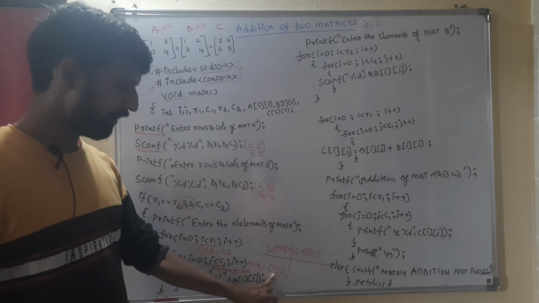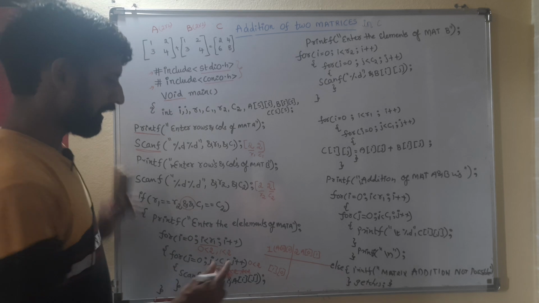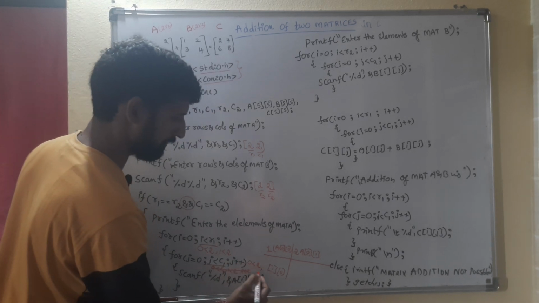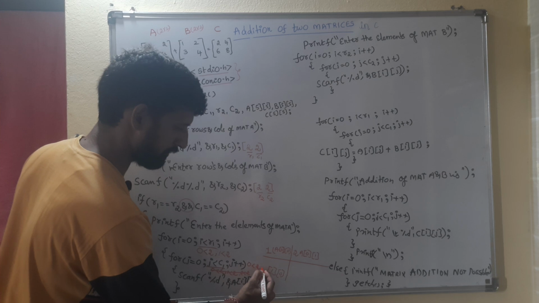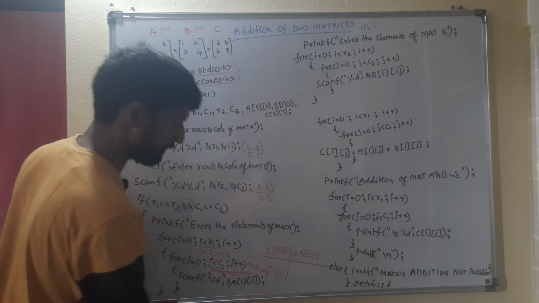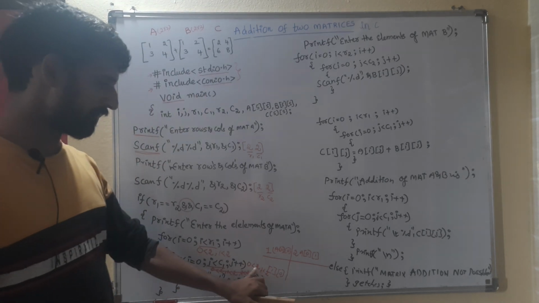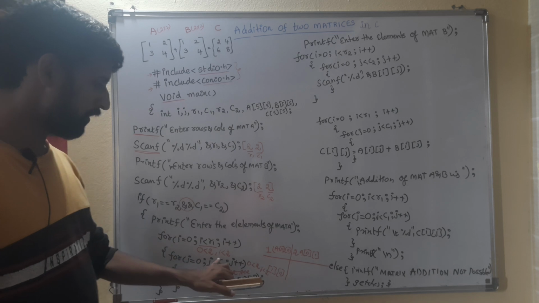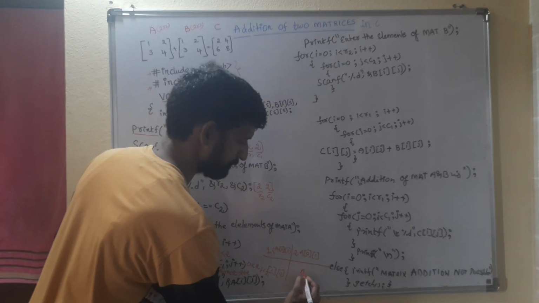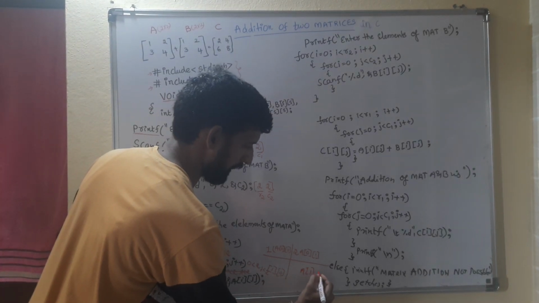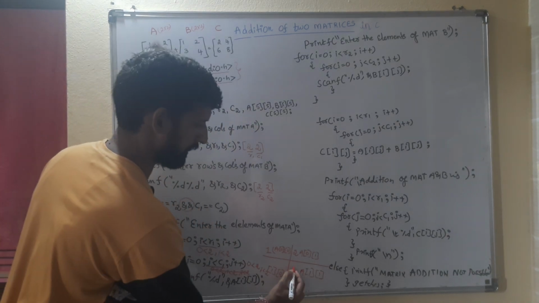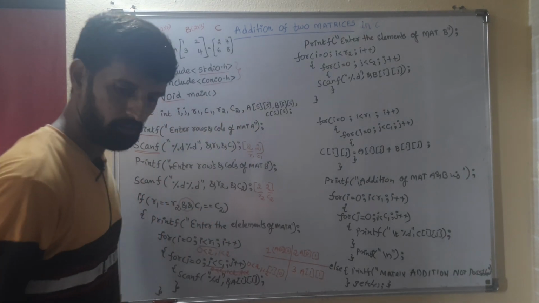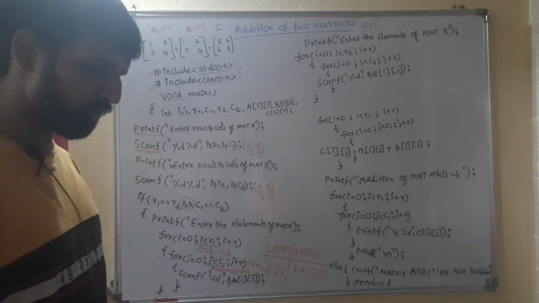This is called 1 and 0. Again, j will be incremented by 1. 1 less than 2, so the condition is true. So the i value is 1, as well as j incremented by 1. Now let me take the value of this one as 3. So I am going to take 4 values.